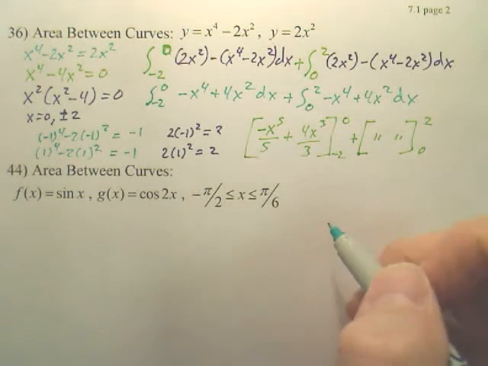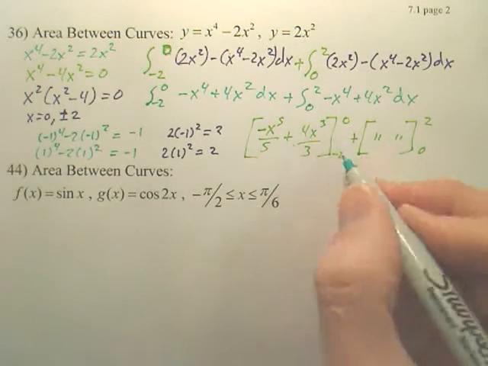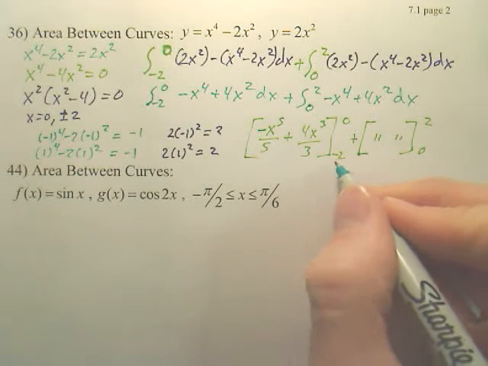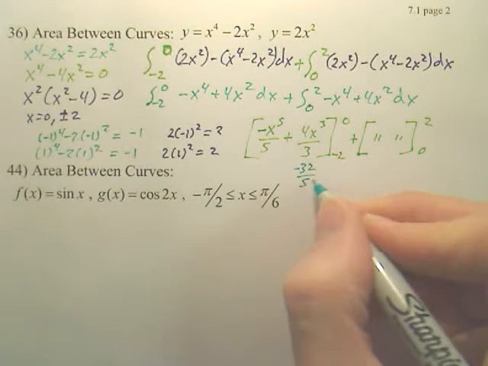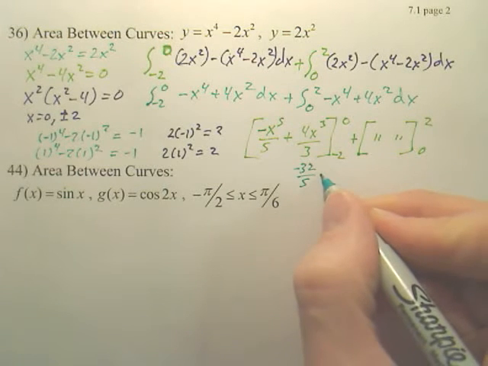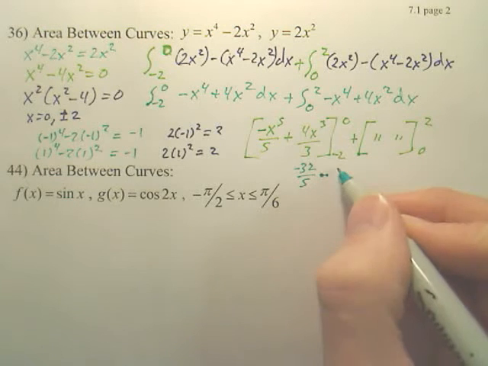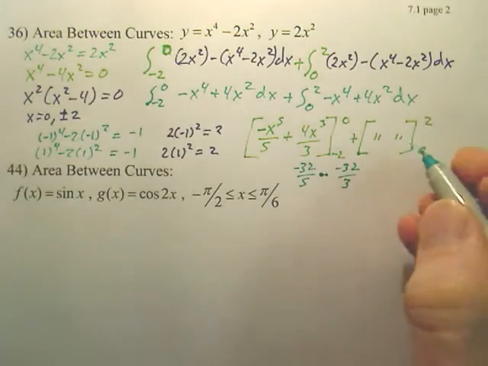So when you plug in 0, is it gone? When you plug in negative 2, oh man, negative 2 to the 5th is negative 32. So you got negative 32 over 5 minus, it would be minus, because that would be negative 8, negative 32 over 3. So negative 32 over 5 minus negative, wait.